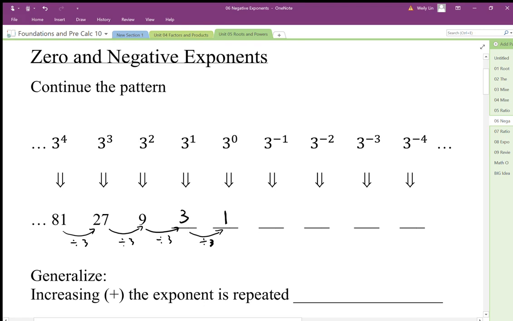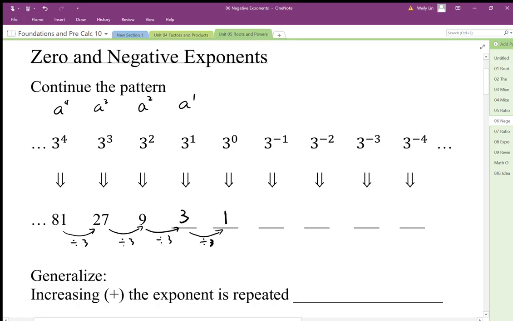And really I didn't have to use base 3, I could use any base. I could say that a to the power 4 is going to be using a 4 times. So I divide by a, I get rid of an a, divide by a, divide by a.